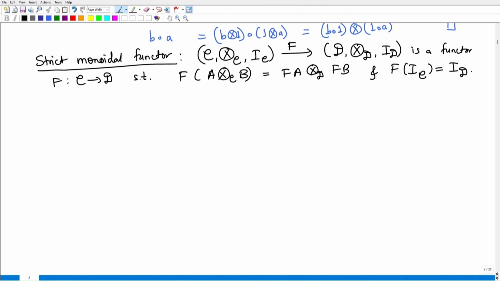Okay, so why I am calling it strict, you can understand. I am saying these objects are equal. Otherwise you can also have a weak monoidal functor, but you can guess what it is. You have to replace it with isomorphisms and some data.